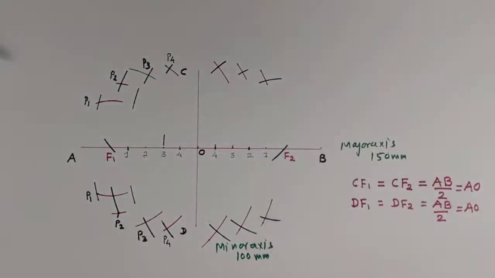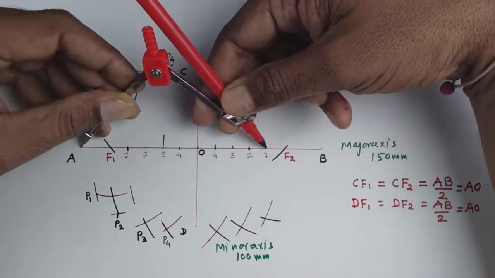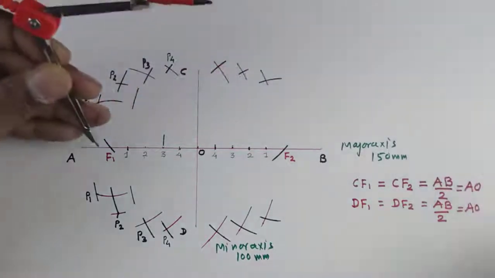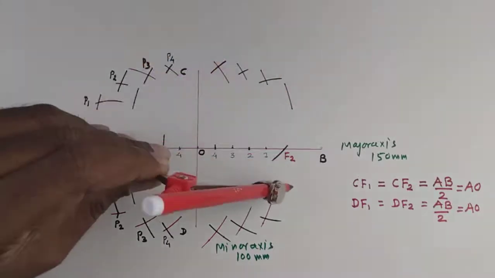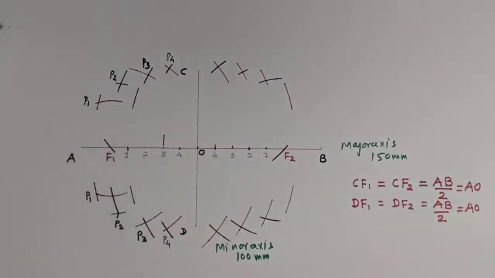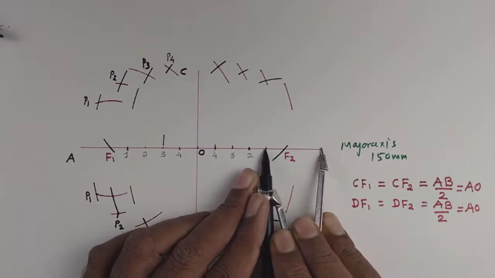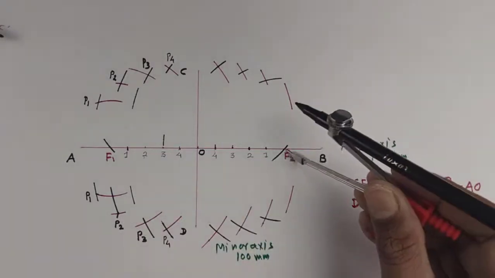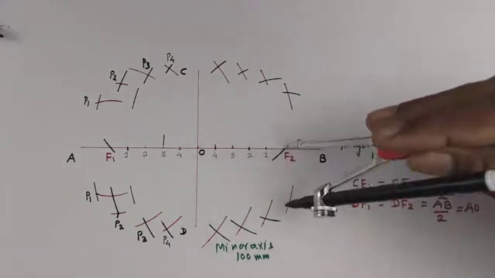Now for the last point, A1 point, radius, F1 center, I draw the arc. Similar distance B1, F2 point center, I draw the arc.